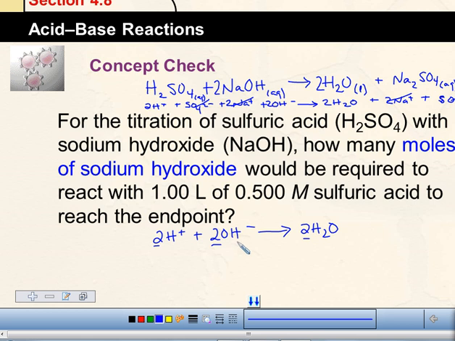Step 3 says calculate the moles of reactants. In my problem it said I have 1 liter of 0.5 molar sulfuric acid. That means I have 0.5 moles of sulfuric acid.